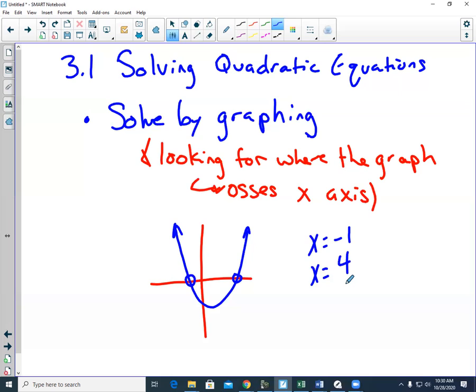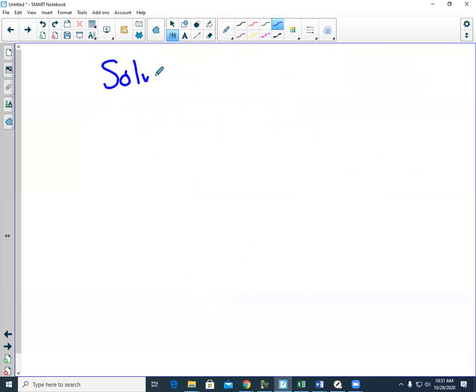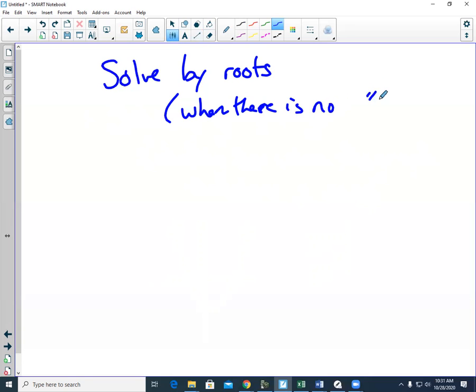Okay? The next thing is to solve by roots. And this is a unique situation. Okay? This is when there is no x term.